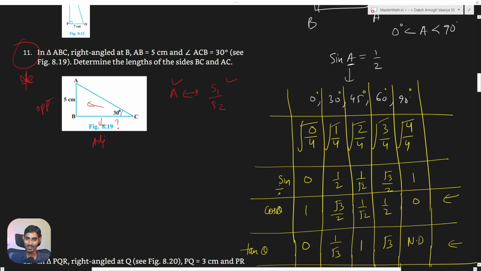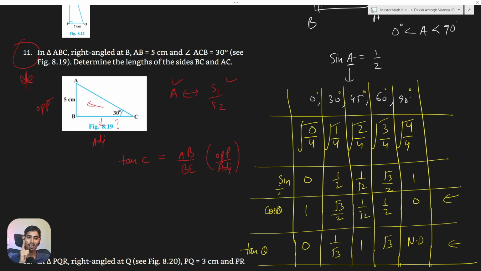Amog. Tan. Tan of C is going to be AB by BC, opposite by adjacent. Please stop me if you are confused even with the A of ABC in this question, because it is very important. One angle is related to two sides ratio, opposite is given, adjacent was missing, therefore we took tan.